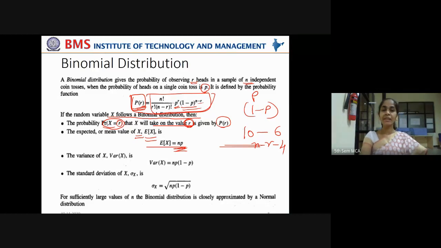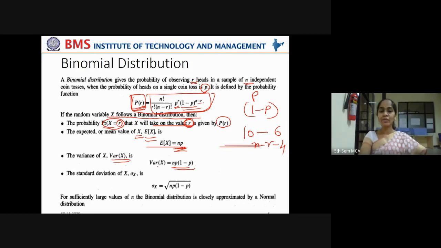Now, how is the variance explained? Variance of this random variable x is np into 1 minus p. What is the deviation of heads occurring and tails occurring? You just multiply them. N into p into 1 minus p. 1 minus p is the probability of occurrence of tails. P is the probability of occurrence of heads.